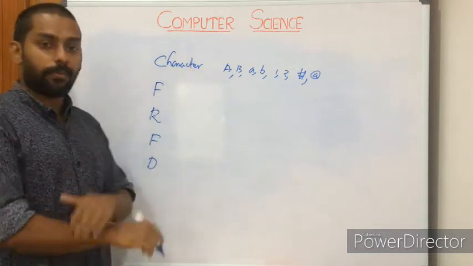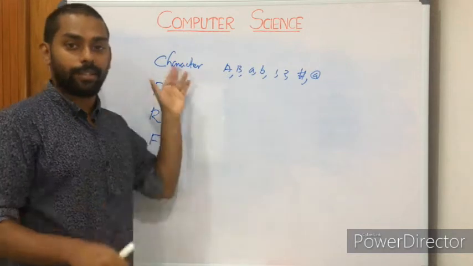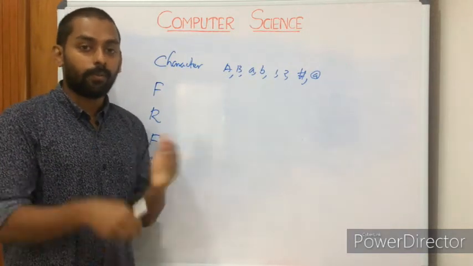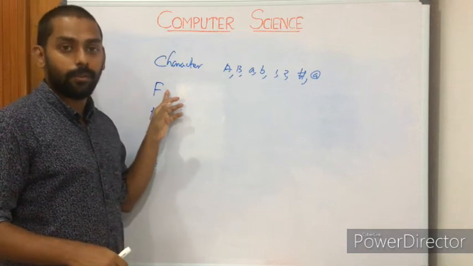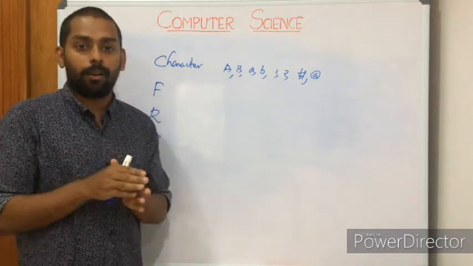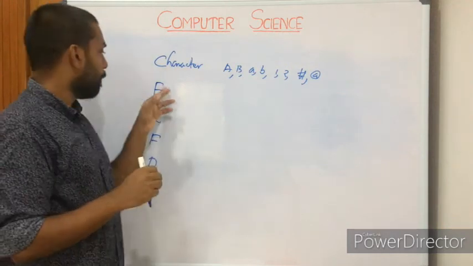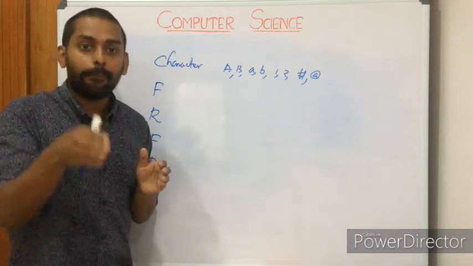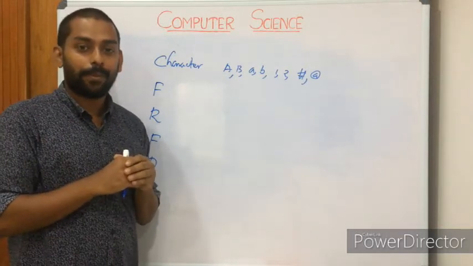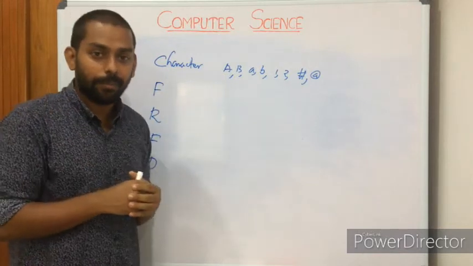Then what is F? The next element, somewhat higher than C. It can be thought of as a collection of these characters. Let us consider your report card. You know the structure of your report card, right? Then what does F stand for? One column, or the place where we enter something. What is the name?